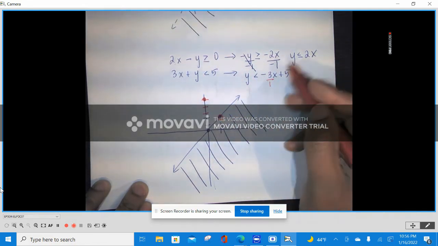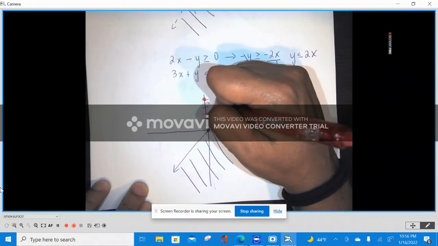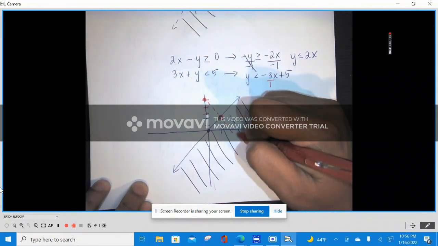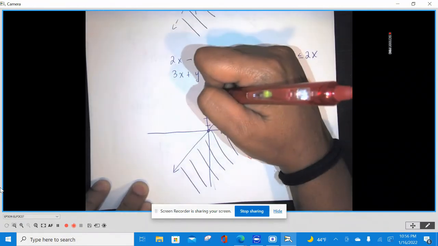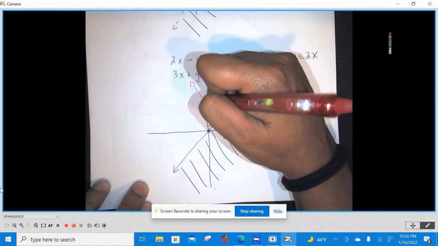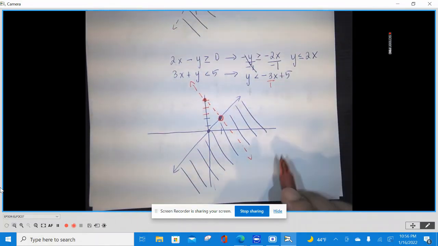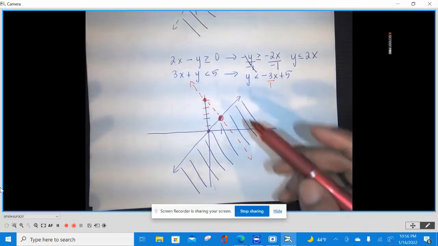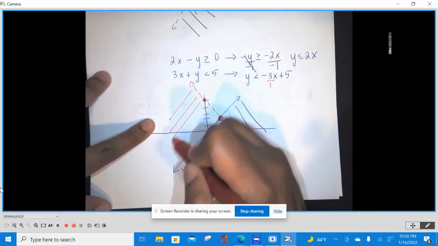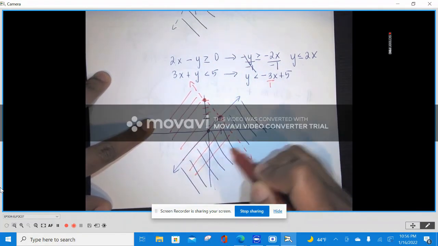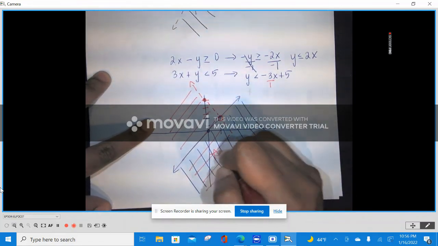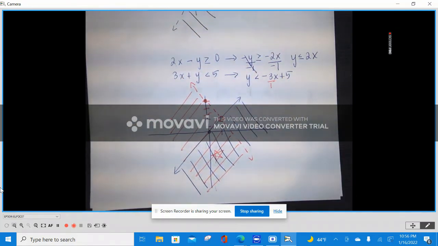And that's fine. And this was dashed. Okay. And then shading, y is less than. So when I do my red, and I look at red and blue, that's their overlap or common solutions.